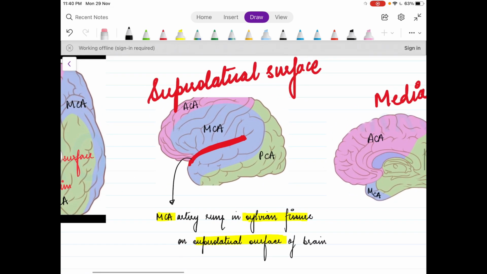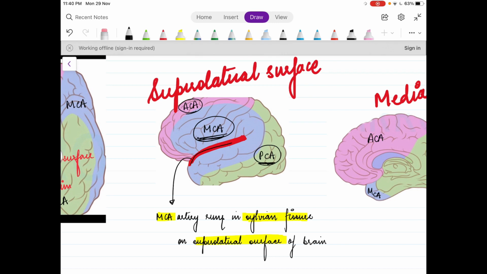The superolateral surface is mostly supplied by the middle cerebral artery, as can also be seen by the blue color key. A broad strip on the superior side is supplied by the anterior cerebral artery, and a broad strip posteriorly is supplied by the posterior cerebral artery, but the major chunk is supplied by the middle cerebral artery.